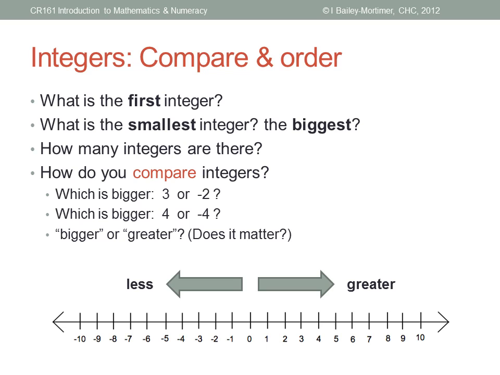By convention, we're going to say that numbers to the left on the number line are less, and numbers to the right are greater. And we're going to try to avoid using words like bigger and smaller when the answer is ambiguous. That means a positive number is always greater than a negative number, regardless of the size of the number.